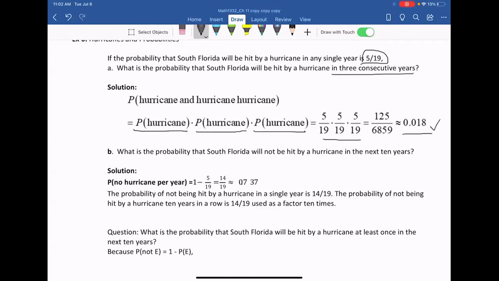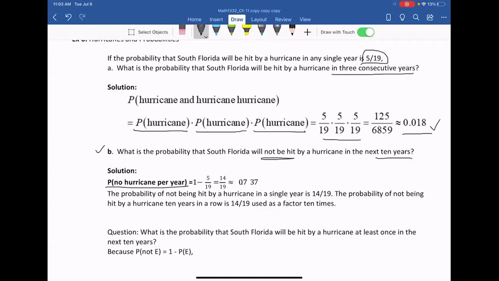The second question: what is the probability that South Florida will not be hit by a hurricane in the next 10 years? Let's find the probability of no hurricane per year. That means 1 minus the probability a single year's Florida will be hit by a hurricane.